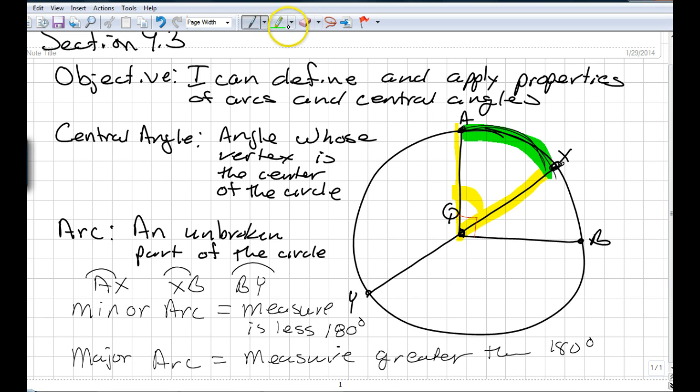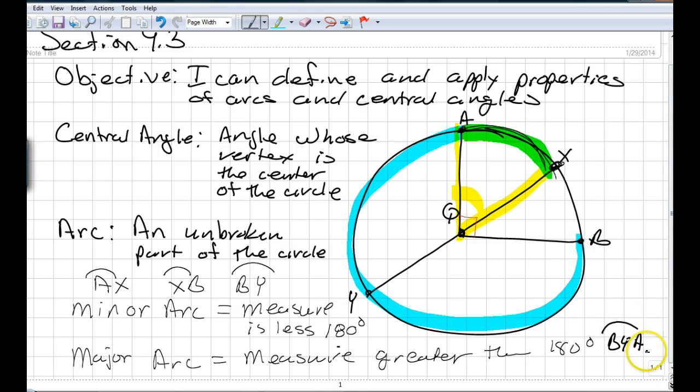So if I was going to talk about major arc XBYA, okay? We always name it in the direction we're going around the circle. And for the most part, we name them counterclockwise. So we would say arc BYA is that teal color arc.